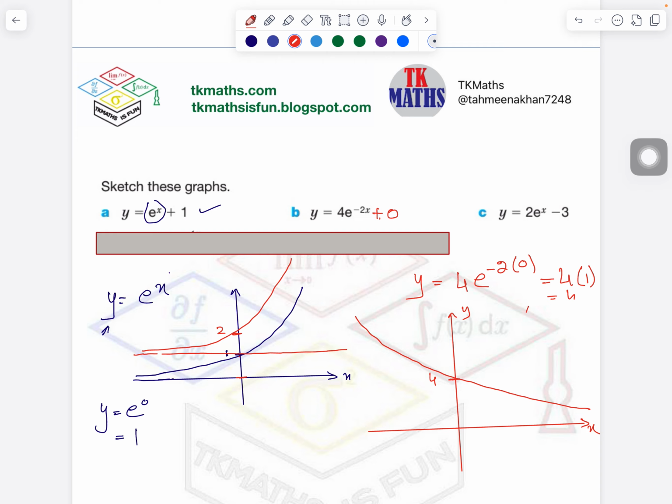So your asymptote will be the x-axis. When this 1 was not here, the asymptote was the x-axis. But when it is plus 1, the asymptote is plus 1, right? So in this case, my asymptote will be the x-axis and the sketch will be from here.